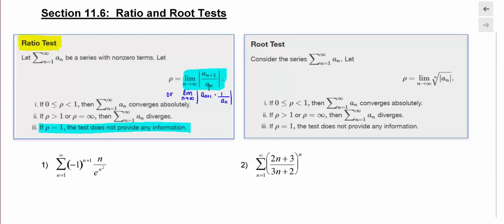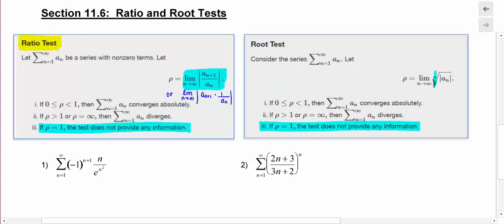It literally means I cannot use the ratio test to determine what this series does. And so I would look back and see if there's a different test that we can use. And the same thing is true with the root test.